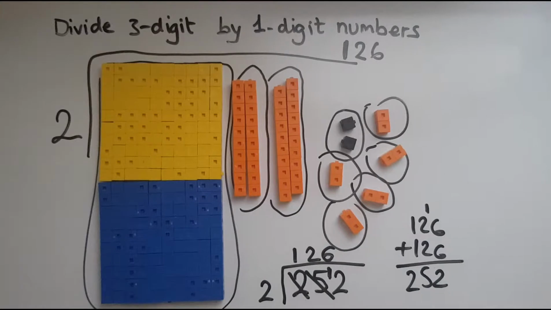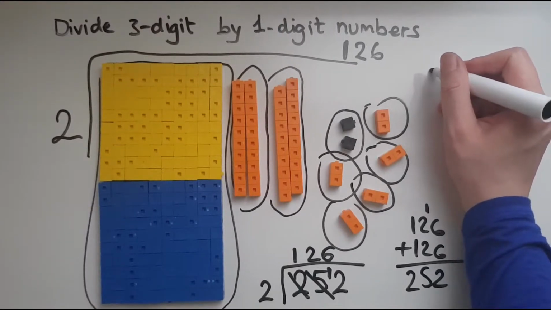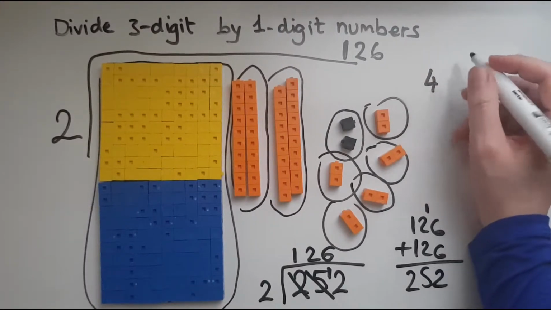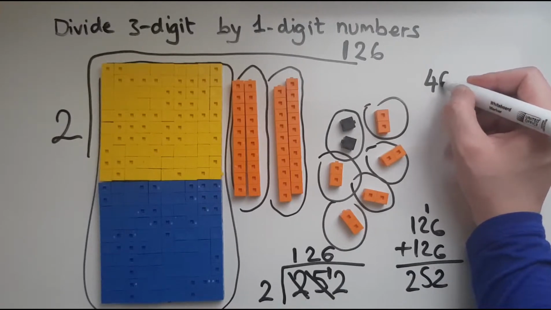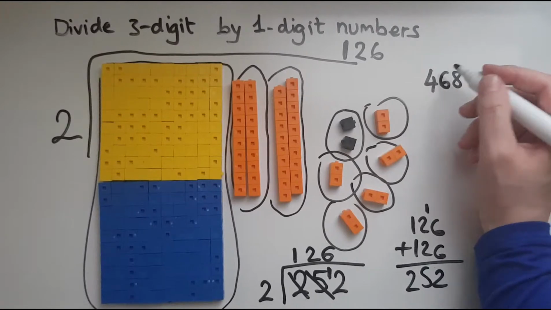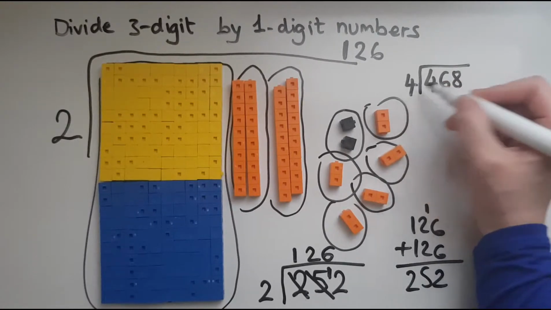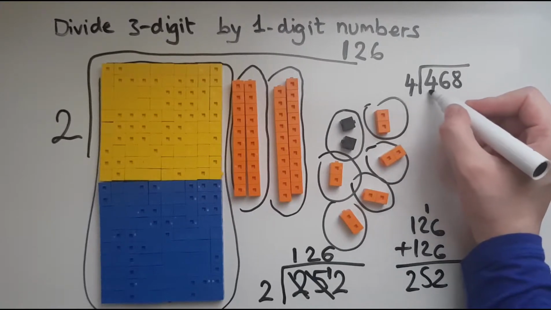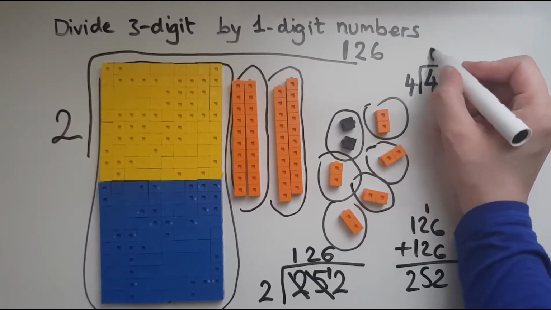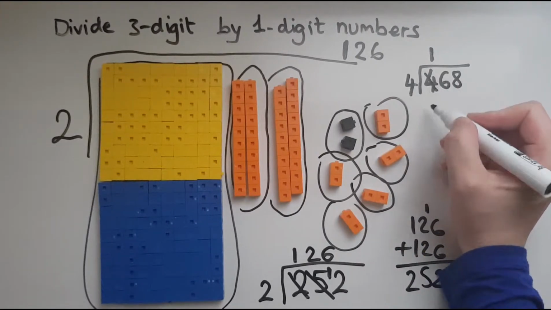Now let's try and do some more examples of division. So we'll do 468 divided by 4. We'll try and fit 4's into 4. That is one of them, and there is nothing remaining.